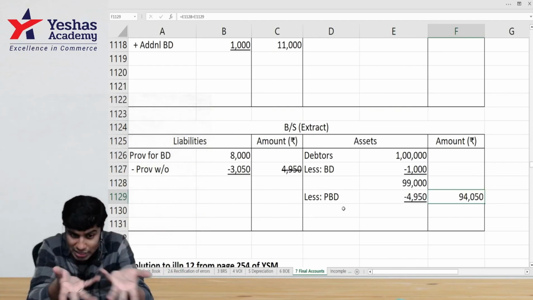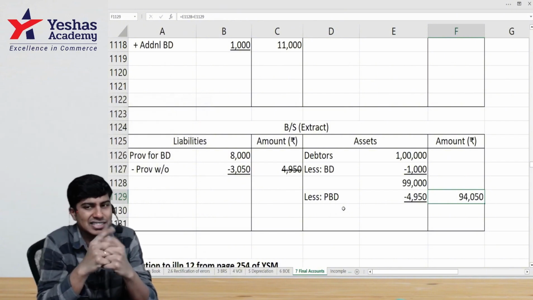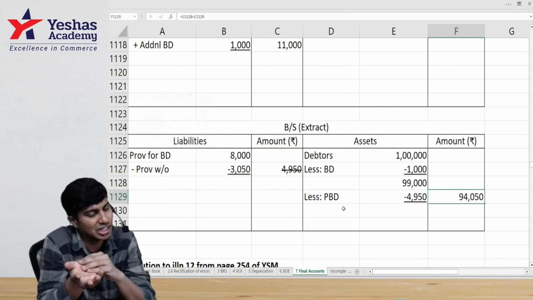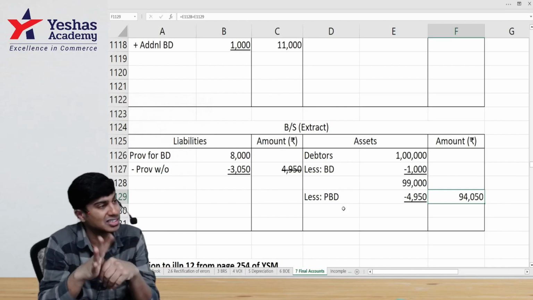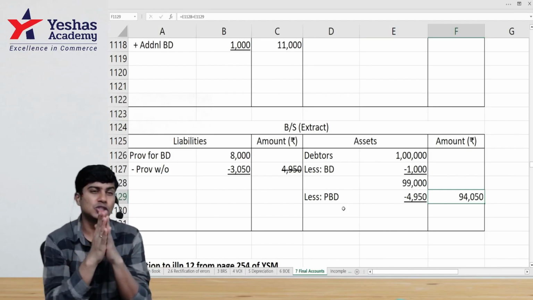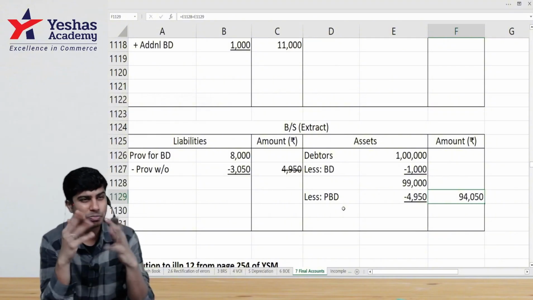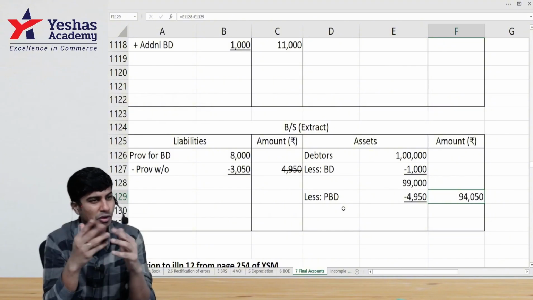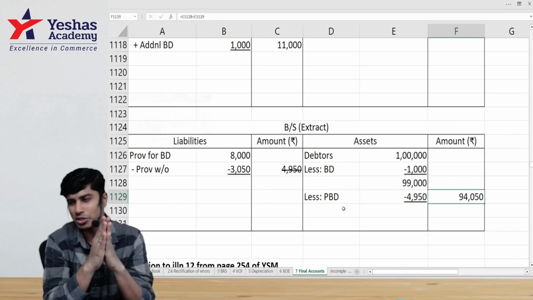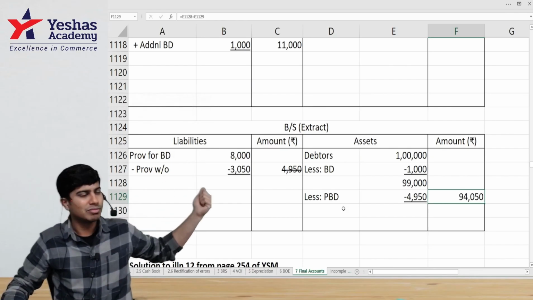This is the logical way of presenting debtors with bad debts. Sometimes provision is given in the trial balance, and sometimes off the trial balance in adjustment. Please don't use a rude formula of bad debts plus old provision minus new provision or new provision minus old provision. Please use your brains and then apply it this way. I hope you got it.